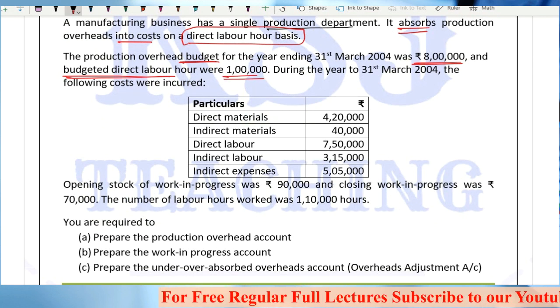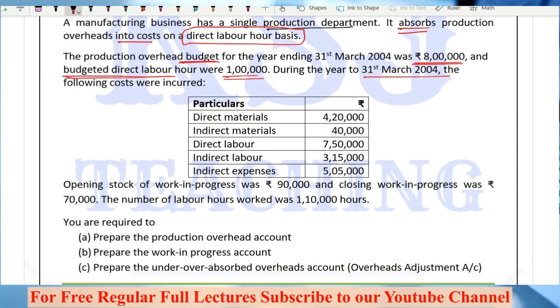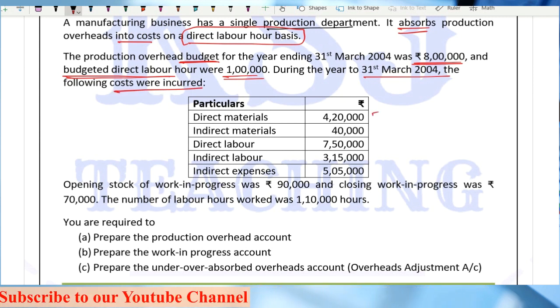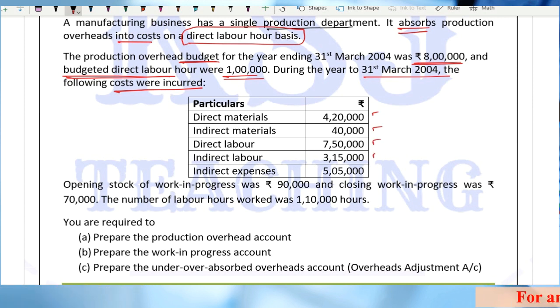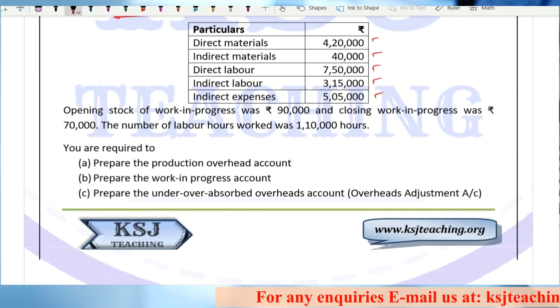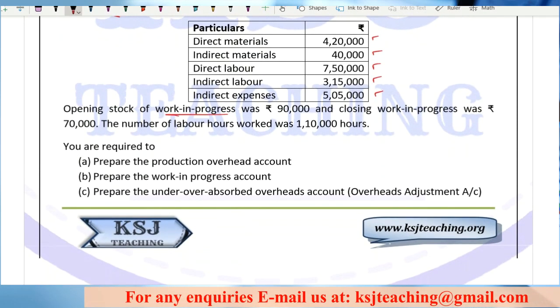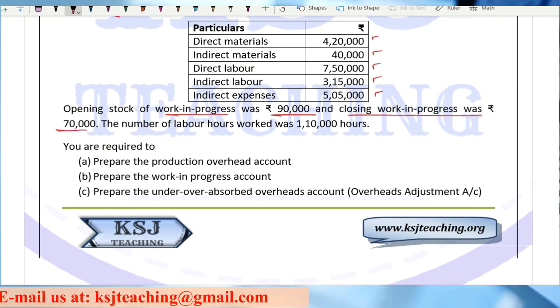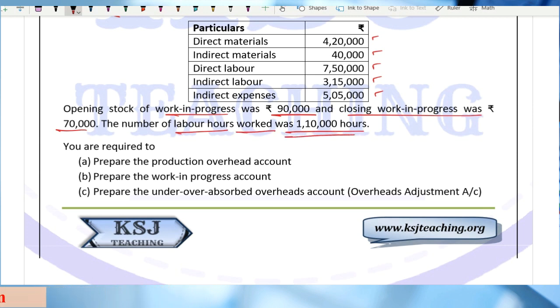During the year to 31st of March, the following costs were incurred: direct material 4,20,000, indirect material 40,000, direct labor 7,50,000, indirect labor 3,15,000, indirect expenses 5,05,000. Opening stock of work in progress was 90,000 and closing work in progress was 70,000. The number of labor hours actually worked was 1,10,000 hours.